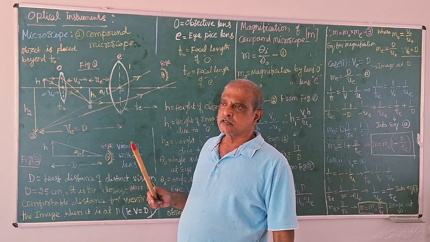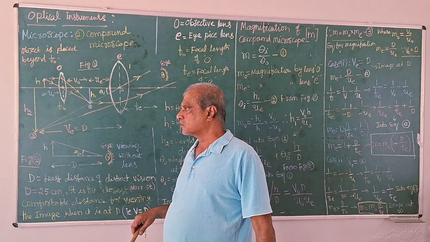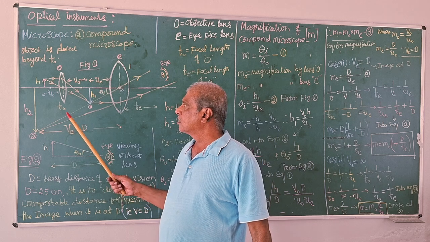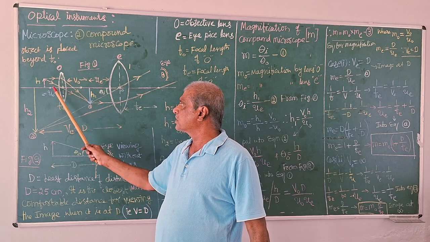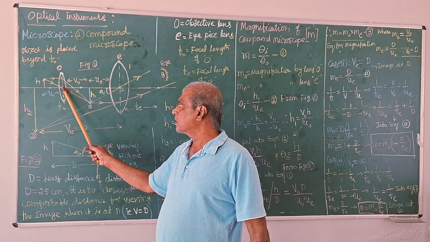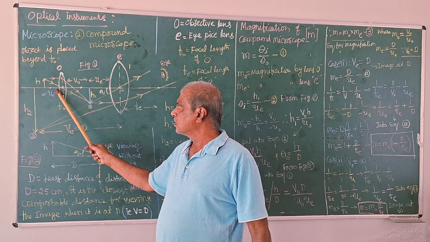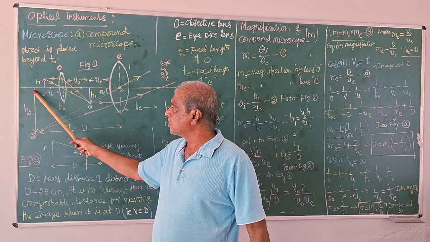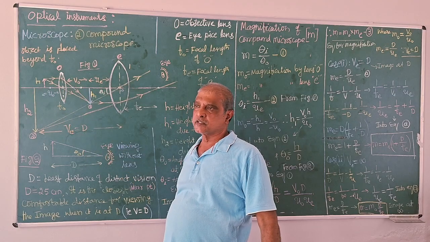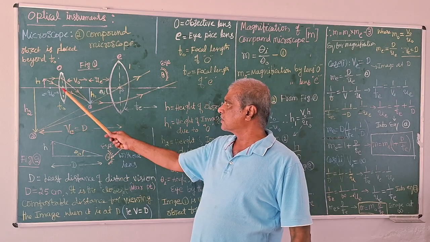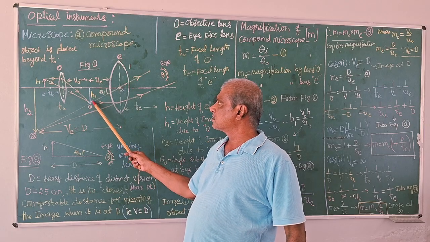In the previous class, in the simple microscope, the object was kept within the focal length of the lens, where the light rays diverge to produce a virtual image on the same side. This is the reverse. We get the image like this.